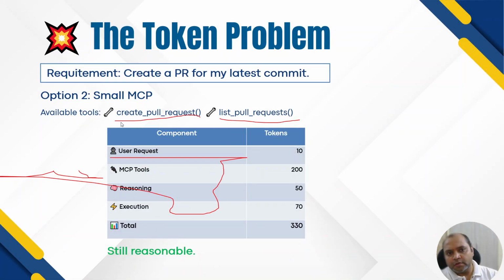So with two tools, the token consumption is still reasonable, and the overall token consumption becomes 330.